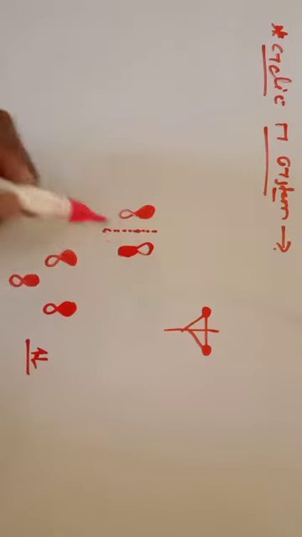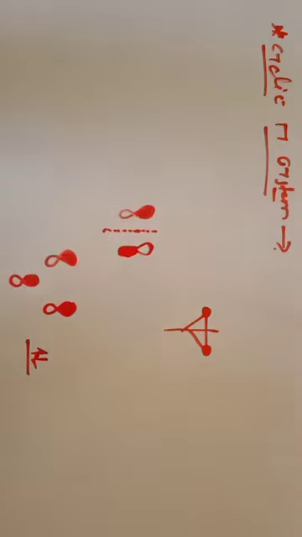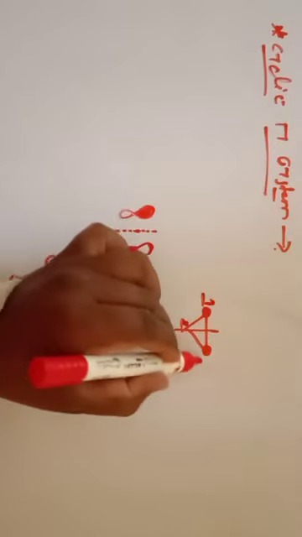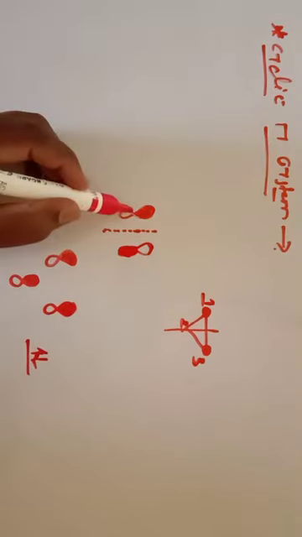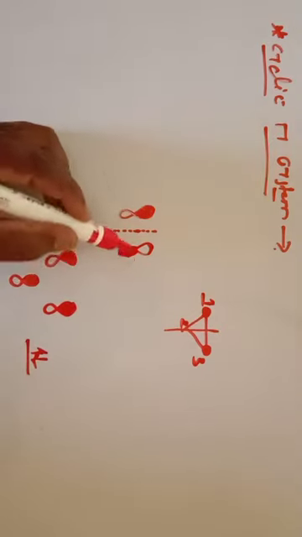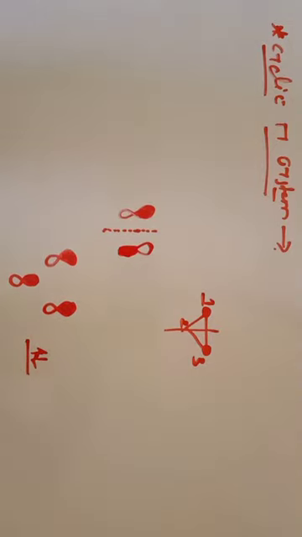If you consider the numbering of the carbons, this is 1, this is 2, and this is 3. Only the p orbitals of carbon number 1 and carbon number 3 are involved in antibonding interactions, and the second carbon's p orbital is not involved because it acts as a node.